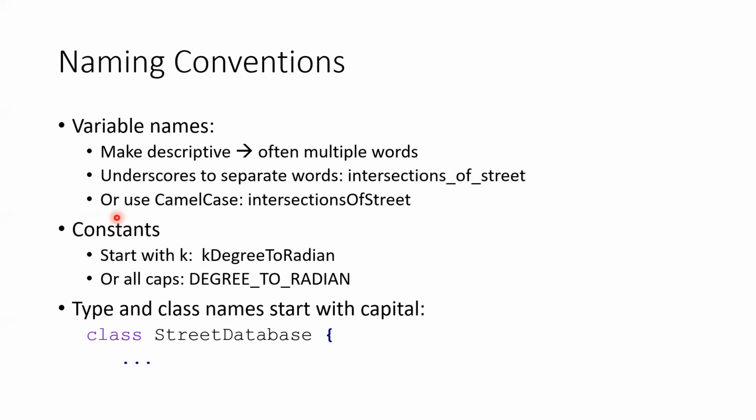And constants, also either make them start with a K or all capitals. We usually make them all capitals, but it's up to you, but do not mix these 2. Type and class names, all the types, classes, structs should start with capital letters, whereas your variables should always start with lowercase.